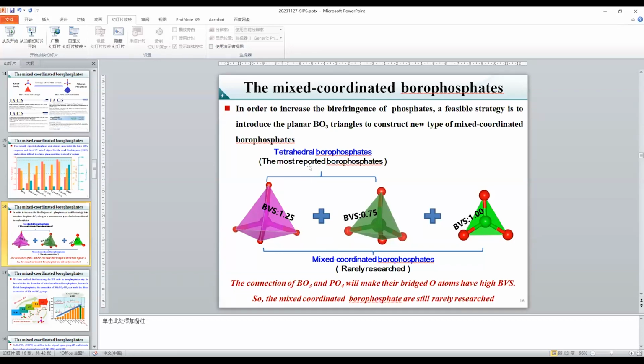So most reported borophosphates are tetrahedral borophosphates. But the connection between BO4 and BO3 will make the bridging oxygen overbonded. So the mixed coordinated borophosphate is still rarely researched.